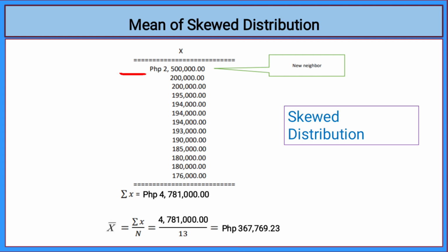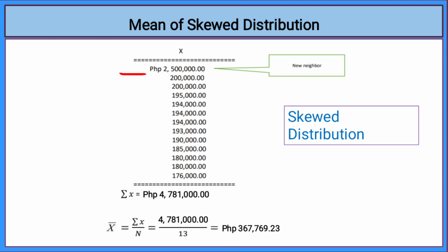So this new neighbor has a very high annual income, extremely far above the others. So from 2,500,000 pesos, the income of this new neighbor, it drops to only 200,000 pesos. Okay. And now let us take a look and compute for this.